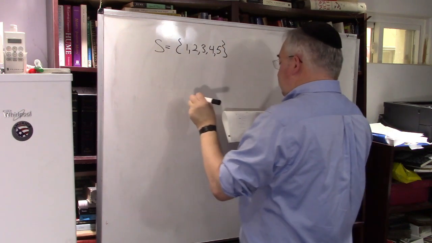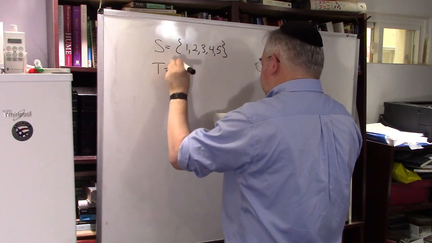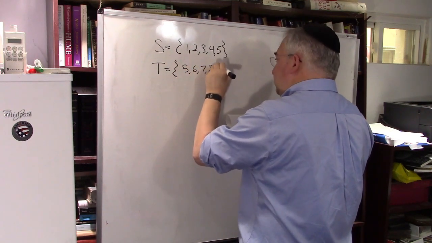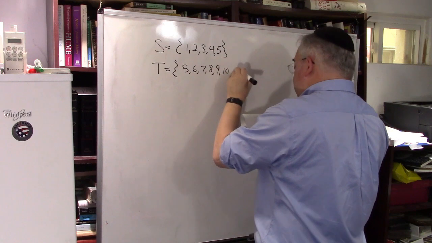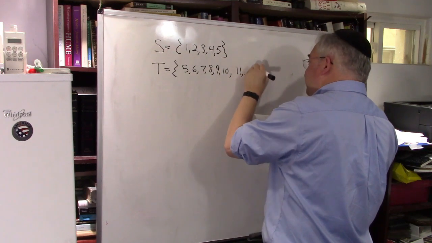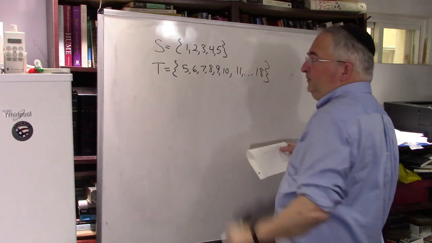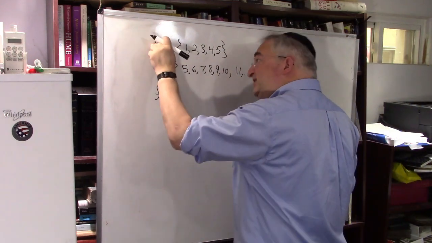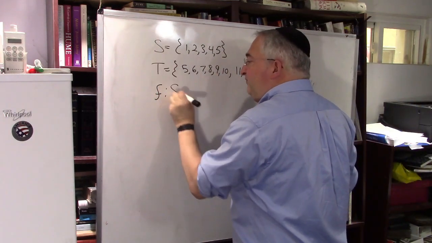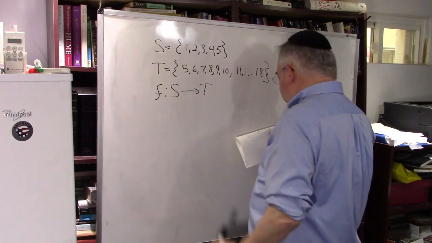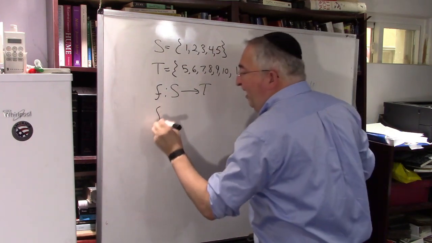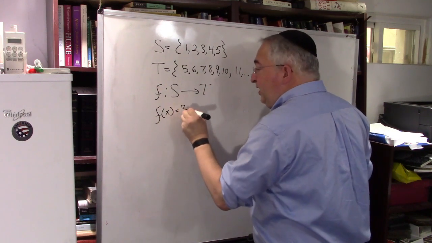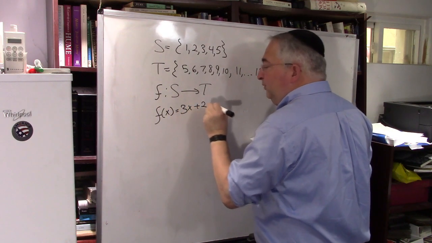T is equal to 5, 6, 7, 8, 9, 10, 11, all the way till 18. Sounds good? Now I'm going to talk about a function from this set to this set. F goes from S to T, such that f of x is equal to 3x plus 2.